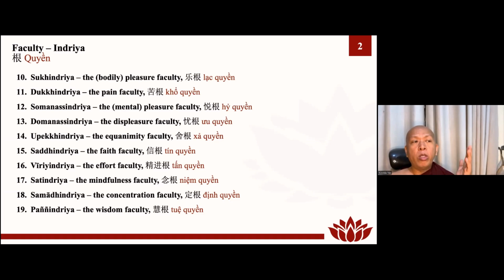Now we are also talking about indriya, the faculty. There are also words like bala, sati bala, power. Sati is one of the powers, spiritual power. So we can find sati in many different places, many different suttas, also many different texts.